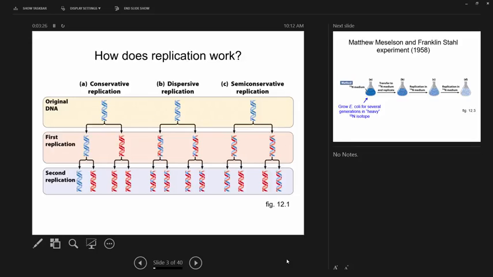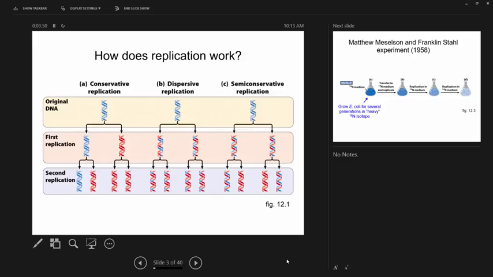3 models were proposed. The first is conservative replication. Why is this conservative? It's got nothing to do with your political bent. It's that the original DNA after replication is conserved. The 2 strands here would come apart, be copied, and then you'd get a new copy here.